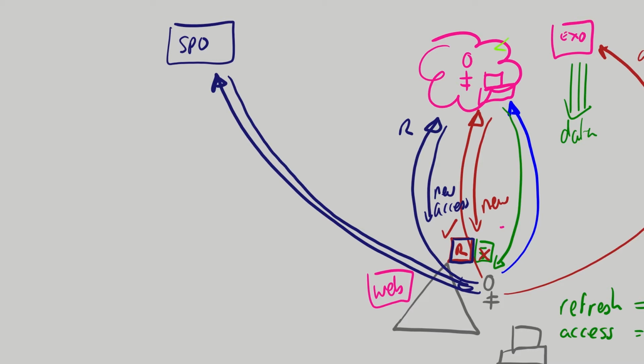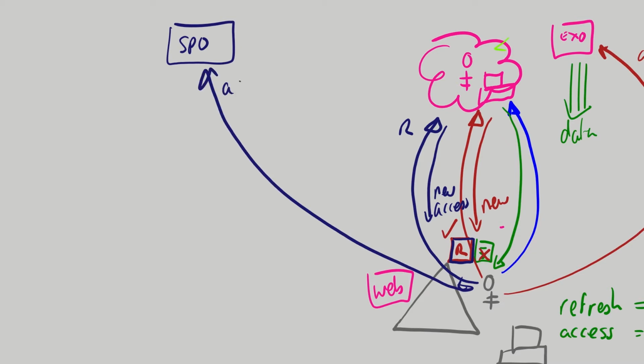The access token is for SharePoint. And so I'm then able to present to SharePoint my access token, which gives me 1 hour of access to SharePoint. That's an independent hour to my hour for Exchange Online.